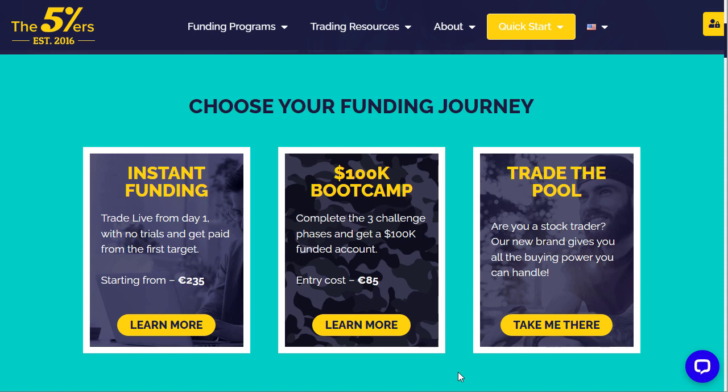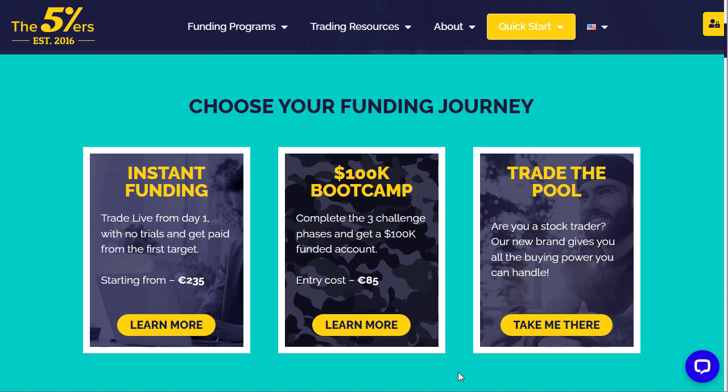And then when you take the challenge and you pass it, you pay the remaining 215 euros to get your live funded account, which is going to be a $100,000 account. Now, this is very, very good because you might take a couple of these challenges and you'll be refining and honing your trading skills so that when you get your funded account, by then you have the capital to actually trade the way you want to, and you're going to get profits from it which are going to be worth the efforts you're putting in.